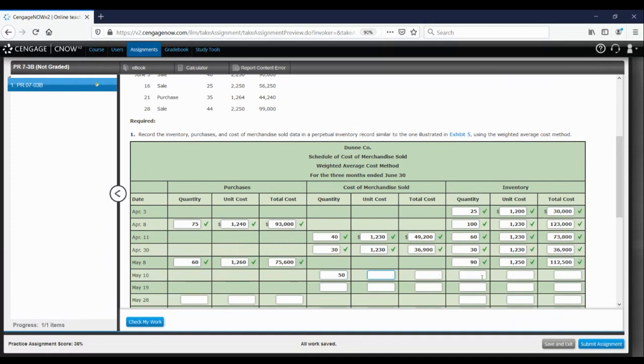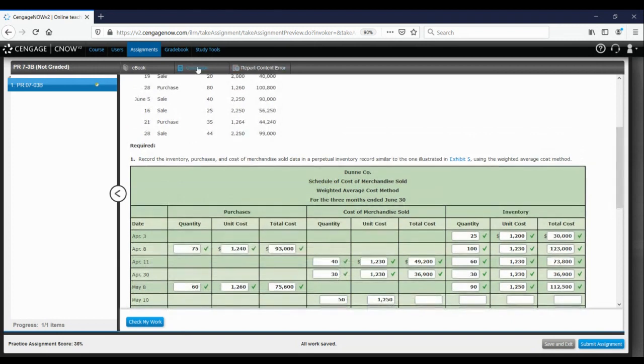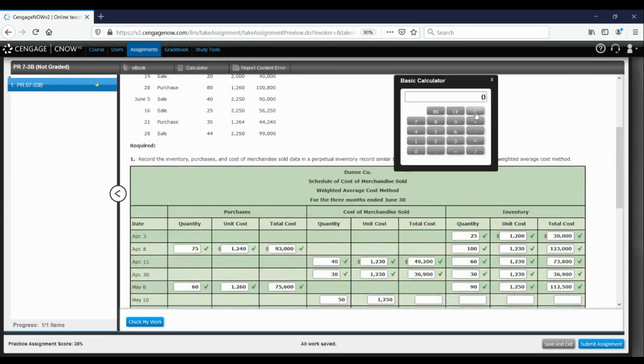The unit cost is the last weighted average that you calculated, which comes from May the 8th, which was 1,250. Then we're going to multiply 50 units times 1,250 to get the cost of goods sold for May 10th.